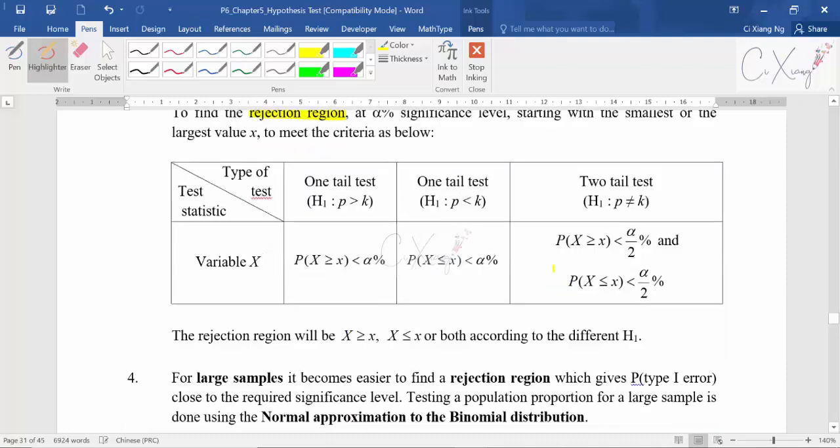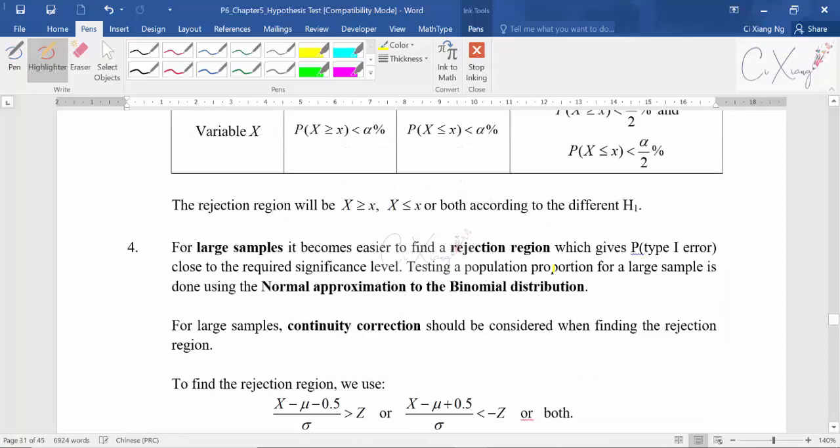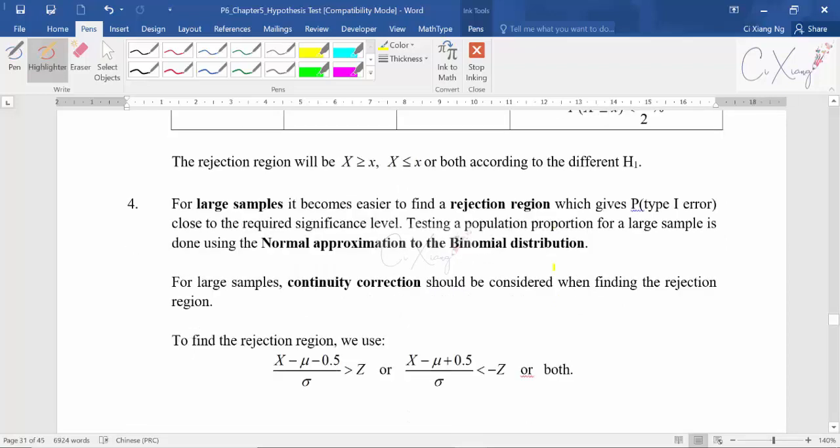Continuing further, when you have a large sample for binomial distribution, you also need to find the rejection region by using the normal approximation, because when the sample size is large, you can change binomial to normal.